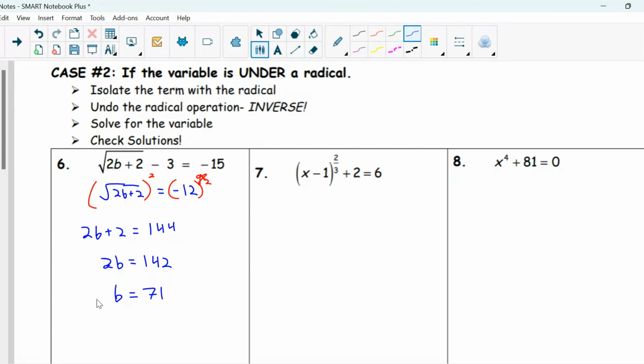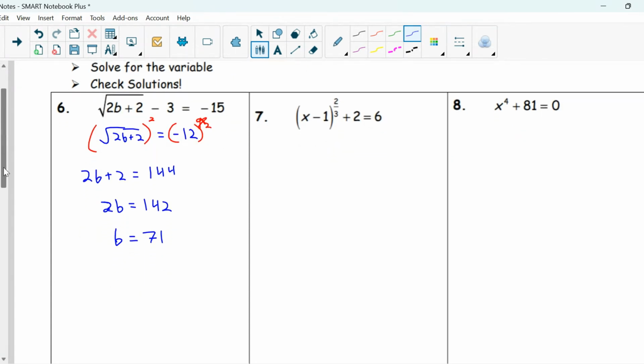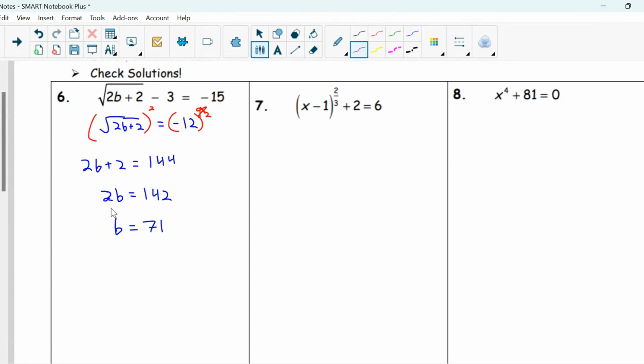Okay, let's go ahead and check our solution. So if I substitute 71 in, that's going to give me the square root of 2 times 71 plus 2 minus 3 equals negative 12. And using a calculator, my left side is going to give me 9 equals negative 12.